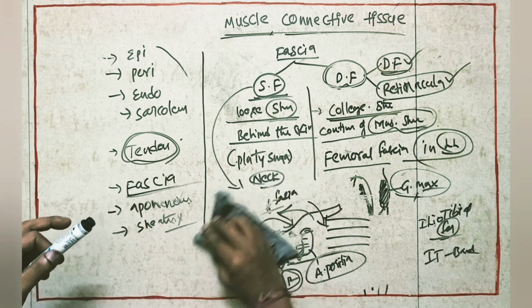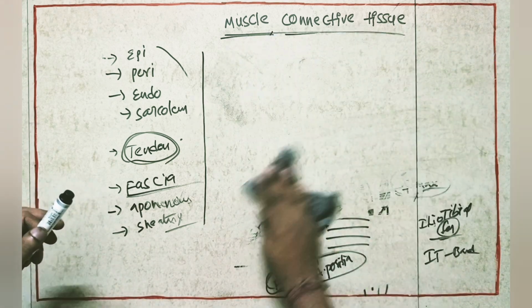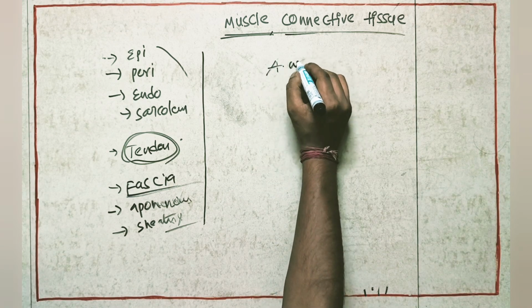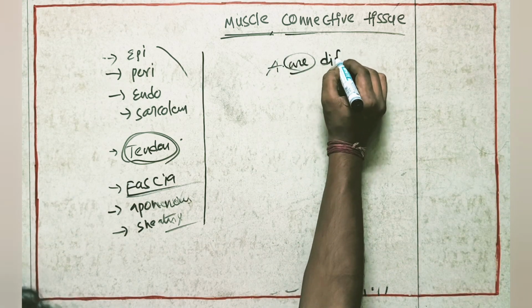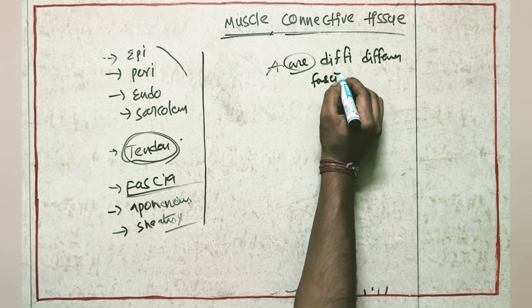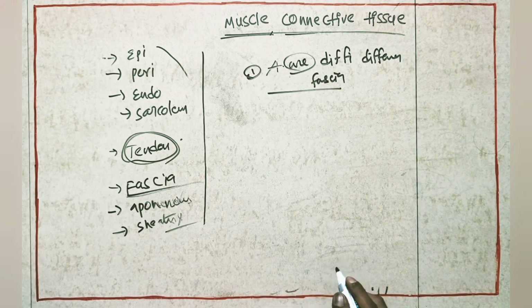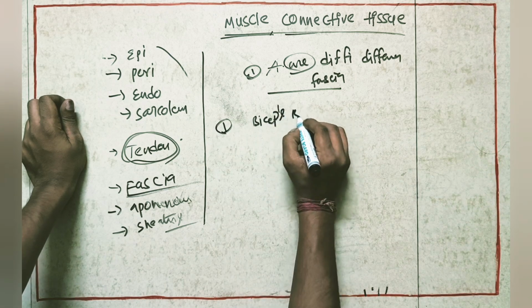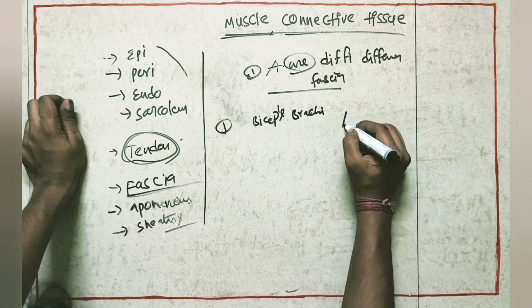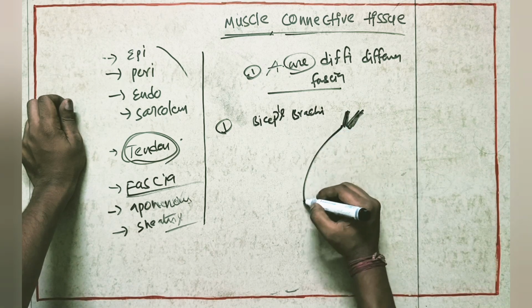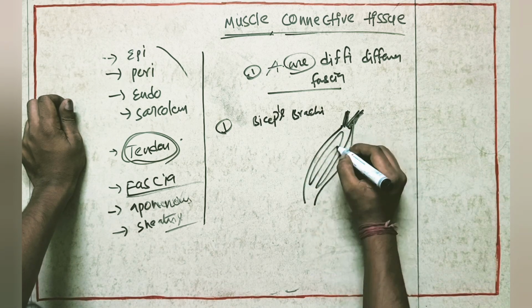Now we'll see aponeurosis. What is this aponeurosis? Sometimes aponeuroses are difficult to differentiate from the fascia. This is one point. One example for aponeurosis, if we take biceps brachii, origin will be from two places, so that muscle will form. This is muscle, this is origin.